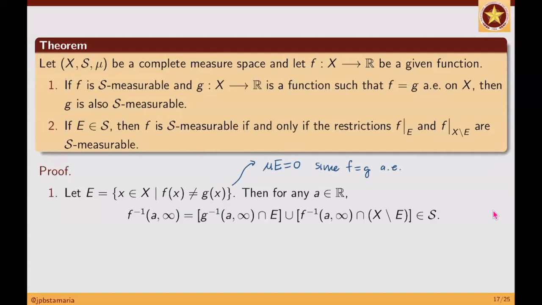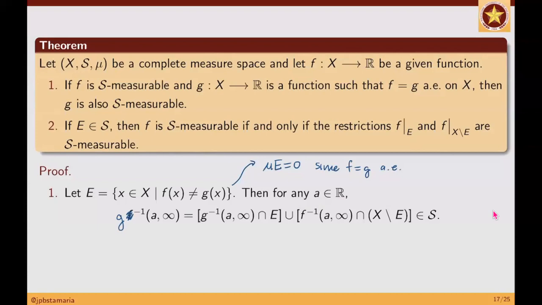Kailangan natin ipakita na si G is also measurable. So, ang laging start ng proof, let A be in R. Ay, may mali dito. Sige nga, spot the wrong portion. Ito, ang interest natin si G. Yun yung ipapakita nating measurable. So, kukunin natin yung inverse image ng interval from A to infinity under the function G.